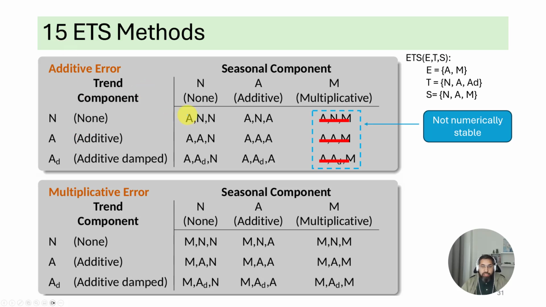For ETS, because you can have trend, right? So you can have no trend or dampened trend, or you can have no seasonality, additive seasonality, and multiplicative seasonality. Then on top of that, you can have additive error or multiplicative error.